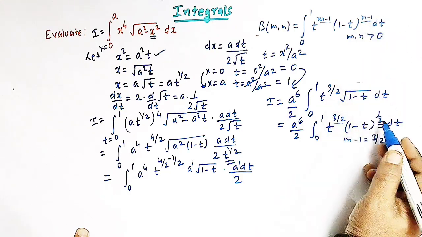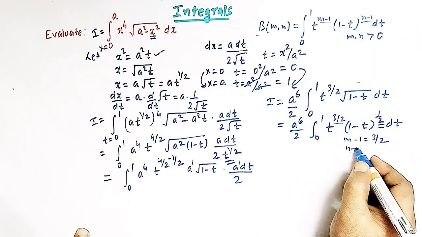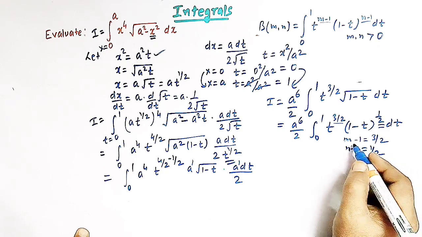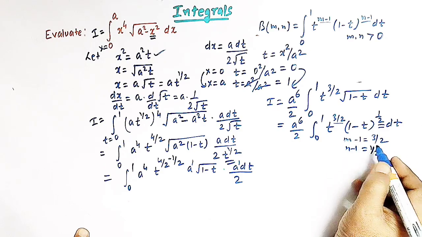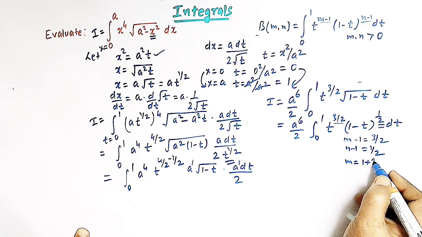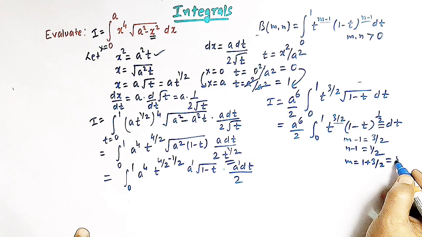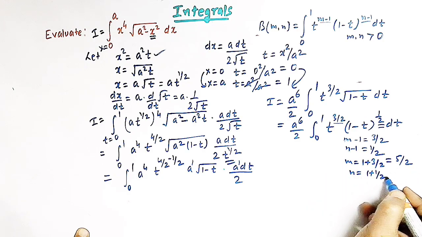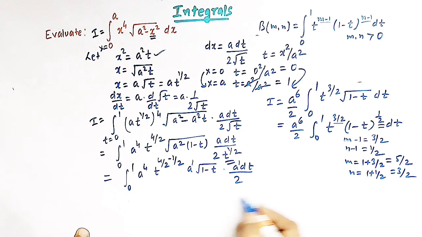So n minus 1 is equal to half. So we can now solve these two equations for m and n. M is 1 plus 3 by 2, that is 5 over 2. And n is 1 plus half, that is 3 by 2, right?